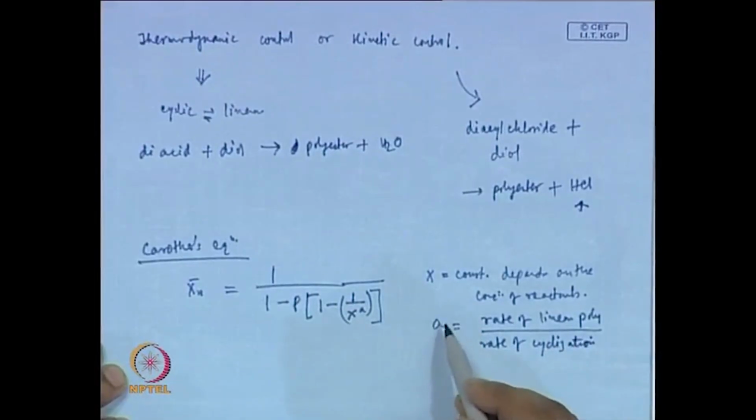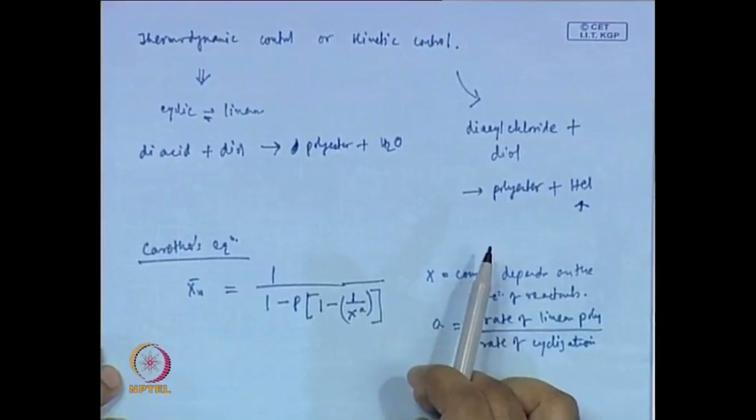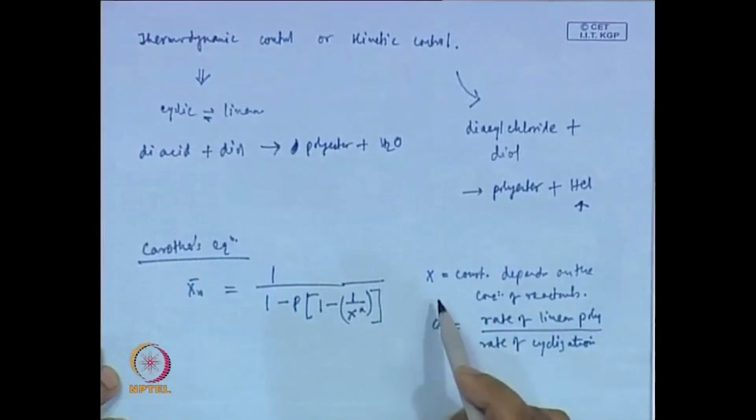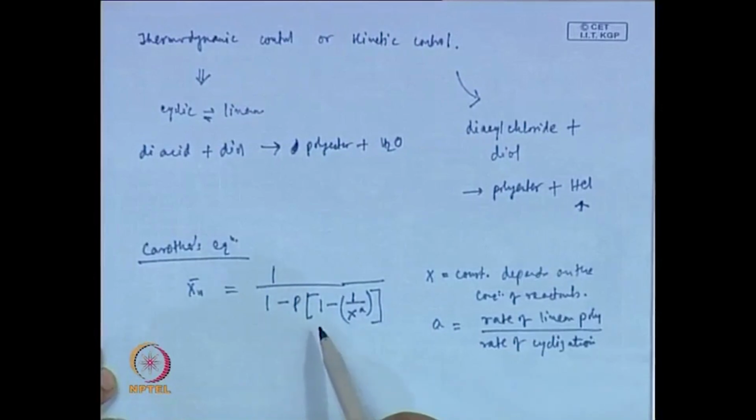Now, this expression is not very useful because the values for X and A are not available in most cases. Okay. So, it is good to know the expression, but it is not very useful because we do not know the values of X and A all the time.